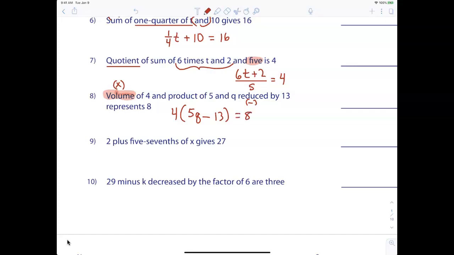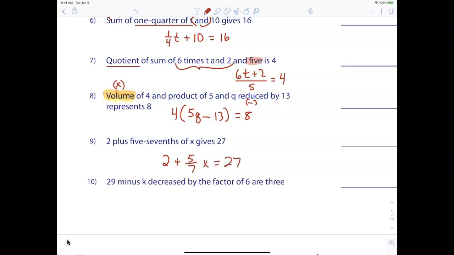Again, that was a little bit odd. I'm not sure I've ever seen that on a test, but volume is the same as multiplication.